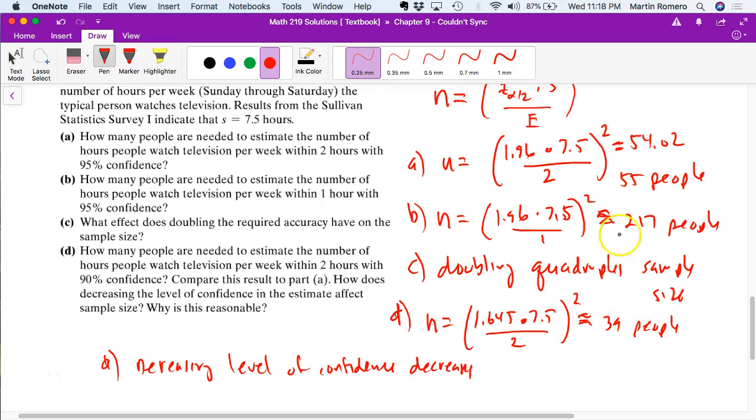See, we had 39 people compared to 55. And that's reasonable because for a fixed margin of error, a smaller sample size will result in a lower level of confidence. So you can see that connection there. That's it.